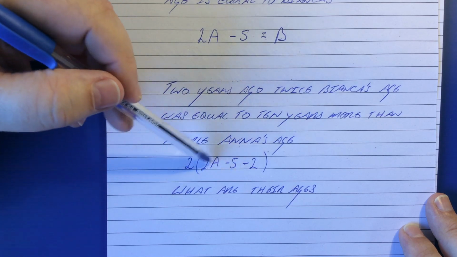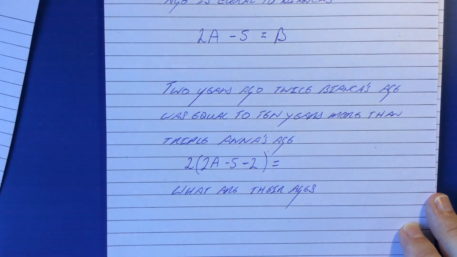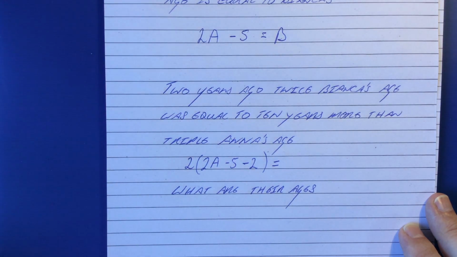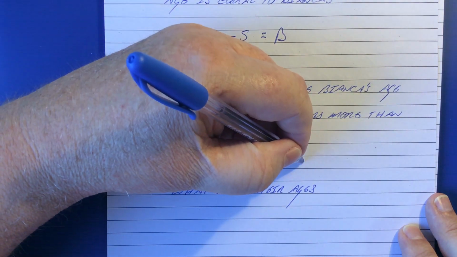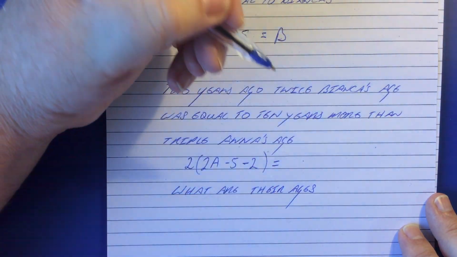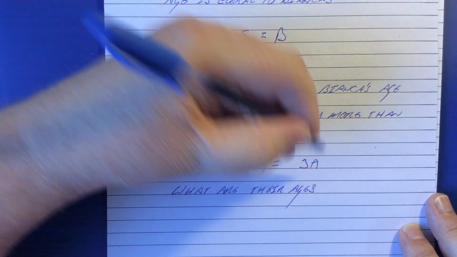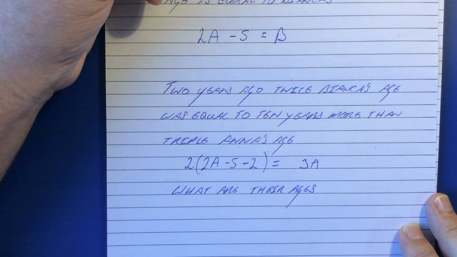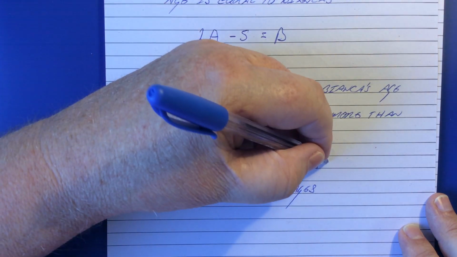Twice Bianca's age was equal to 10 years more than triple Anna's age. So 3a, that's triple Anna's age, plus 10.